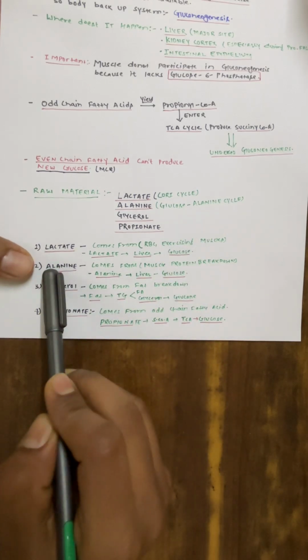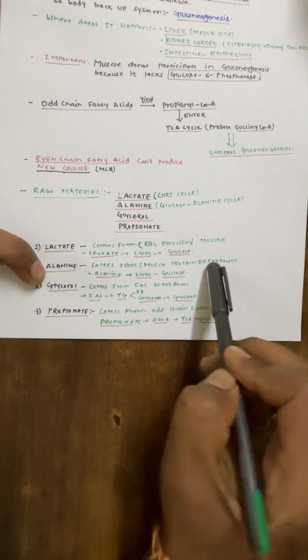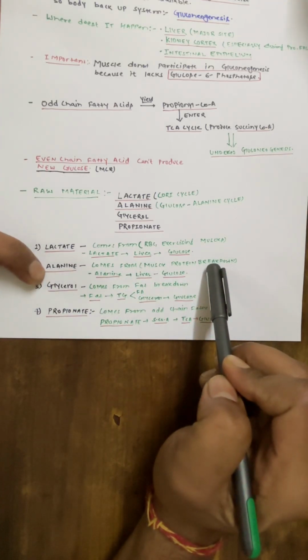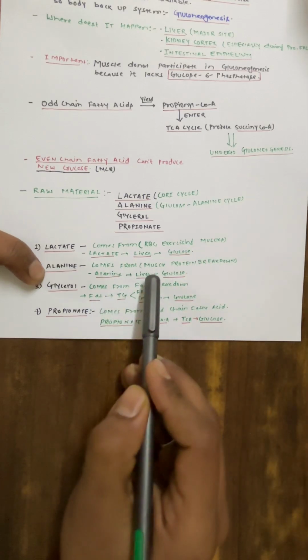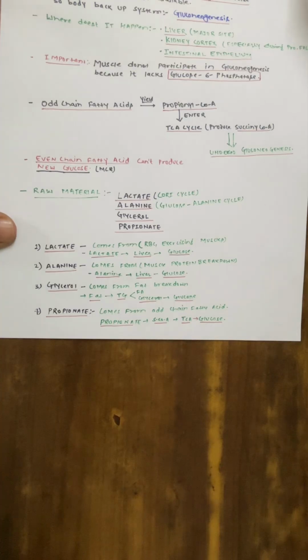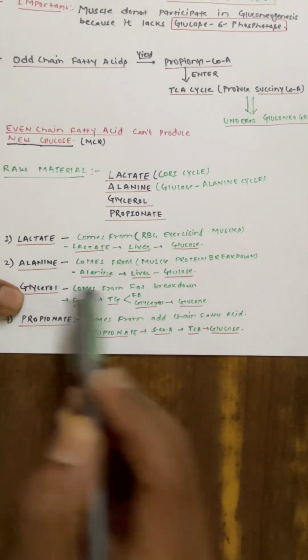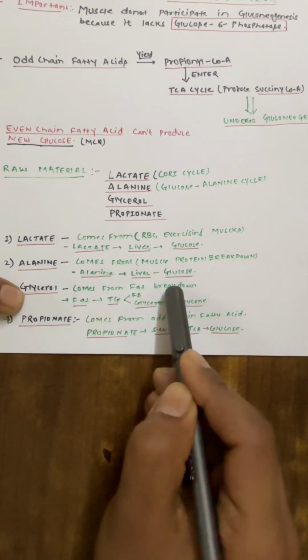Second, alanine. Alanine comes from muscles or from the breakdown of protein. It enters the liver and produces glucose. Now glycerol. Glycerol comes from fat breakdown.